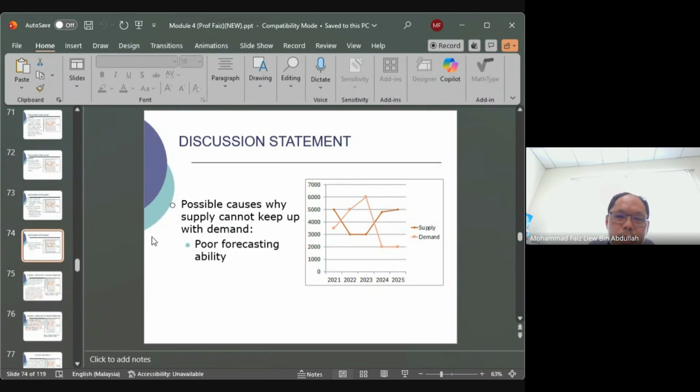We can also add some possible causes of why supply cannot keep up with demand, maybe due to management's poor forecasting ability. These are all the additional things that can be added into your discussion, to make it long and precise to what you want. So when the examiner sees it, they say, this student understands the graph and is able to do a very good analysis on why it happened.